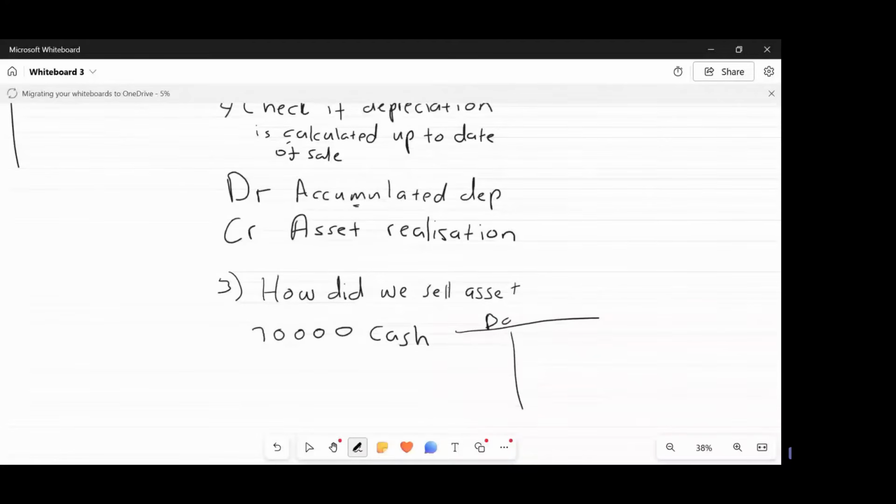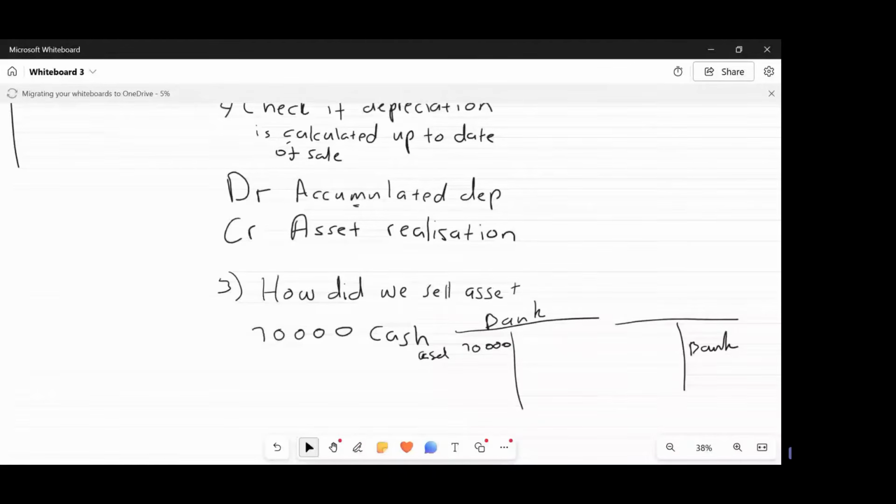Bank, because you just got what? 70,000 in our bank account, right? Yeah. And then we come to asset realization. On the credit side of it, we will record what? Bank. And then here it's going to be your asset realization. So this is if we sold it for cash.